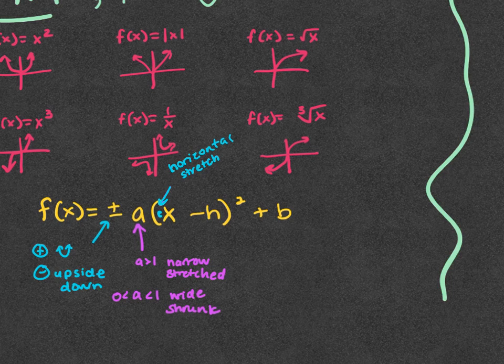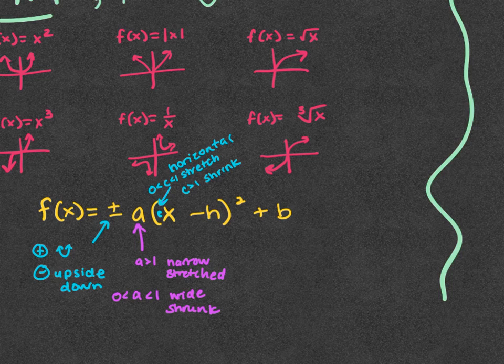So it's a stretch if it's less than, and if it's greater than, it's a shrink. But a horizontal stretch is just like a vertical shrink, and that's where it's confusing. They basically mean the same thing, okay? Horizontal stretch is the same as a vertical shrink, and the horizontal shrink is the same as a vertical stretch.